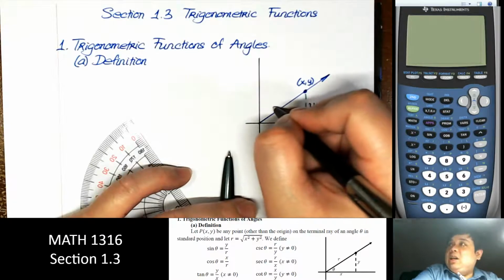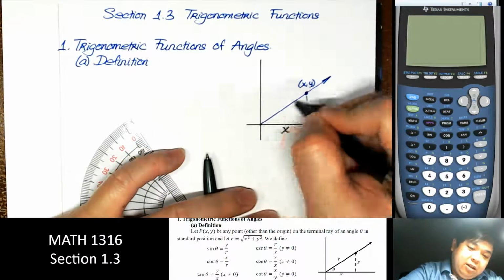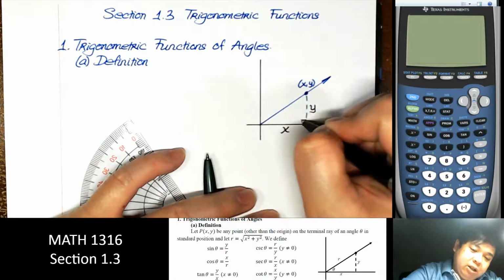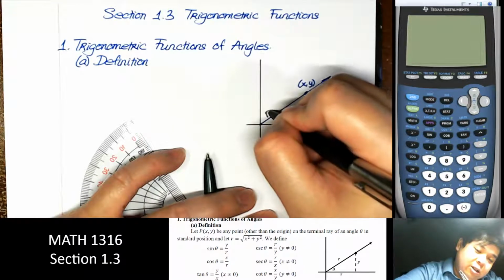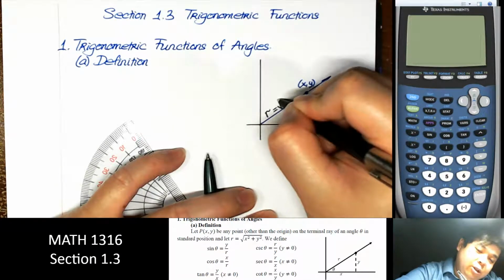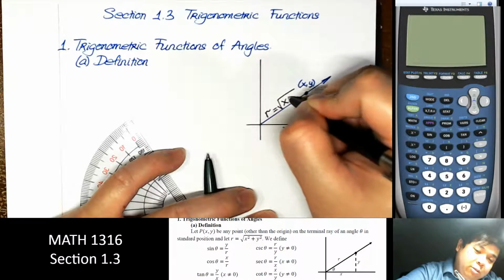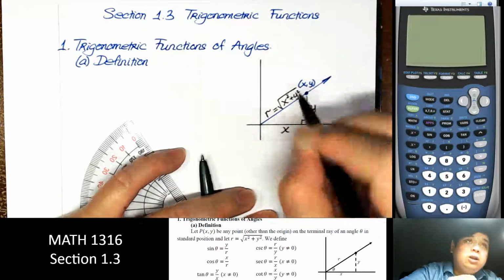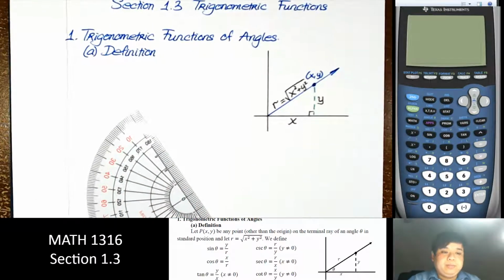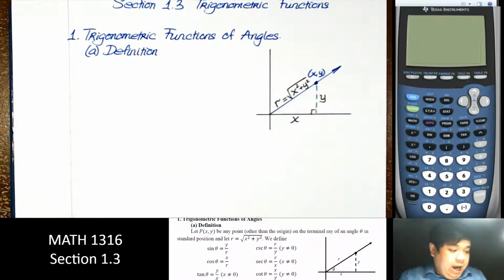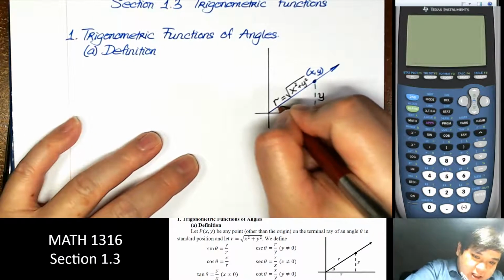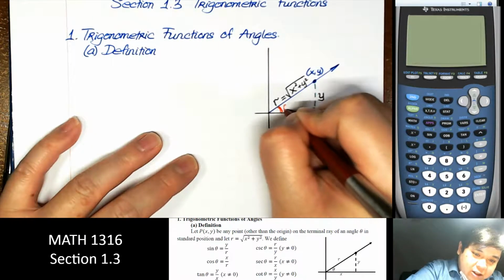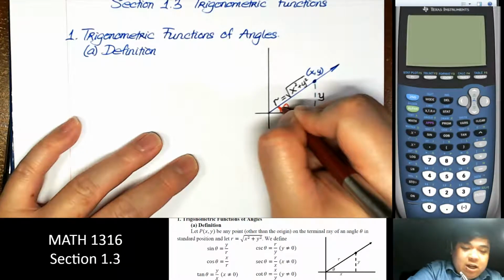And the hypotenuse is going to be r, which is equal to the square root of x squared plus y squared. So I have a right triangle like this, and the angle is going to be at the origin, in the standard position. Let that be theta.